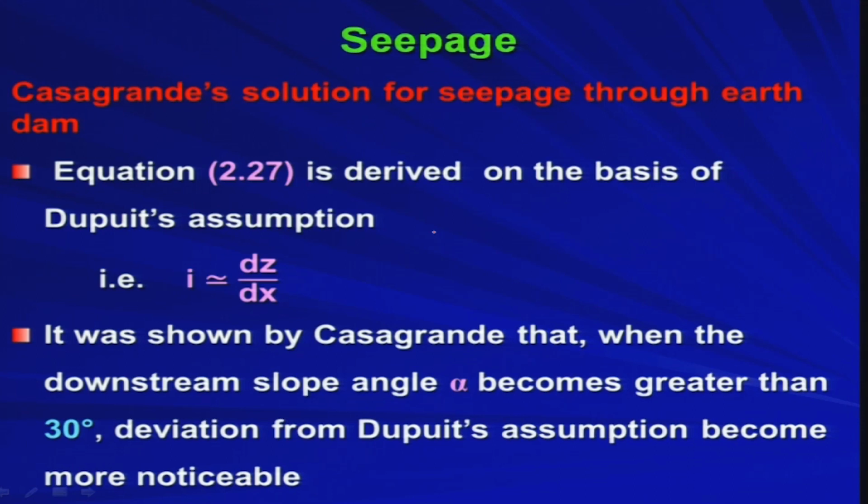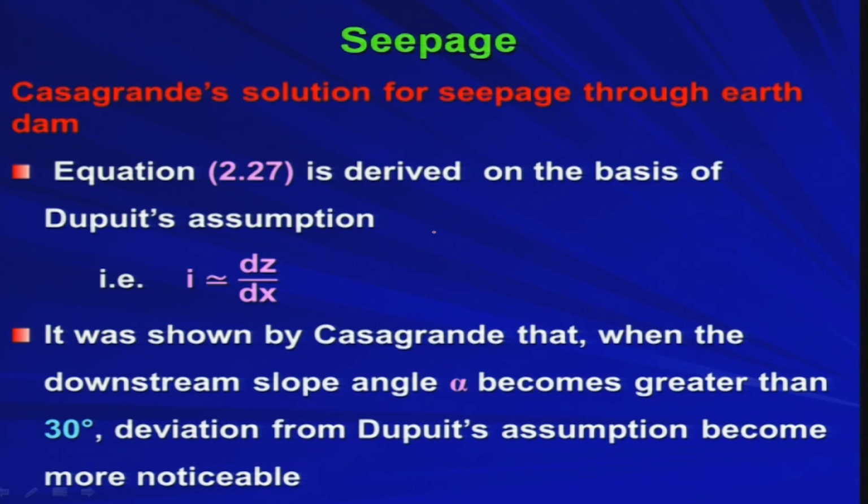Now, it was shown by Casagrande that when the downstream slope angle, that is alpha, becomes greater than 30 degree, that means when the downstream slope is becoming a little bit steeper, then the deviation from Dupuit's assumption becomes more noticeable. As I told you, if the downstream slope is flatter, then this assumption I approximately equal to dz dx will hold good.